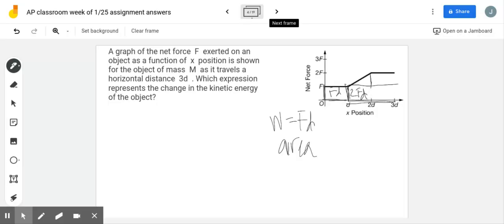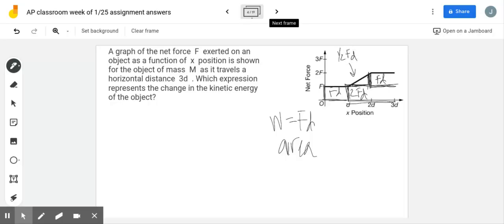Oh, I didn't need to break it up into two different, did I? Whatever. This goes from 2D to 3D, so that's D. F to 2F, that's F. So this is also FD. And this is D and F, but it's a triangle, so this is going to be 1/2 FD.